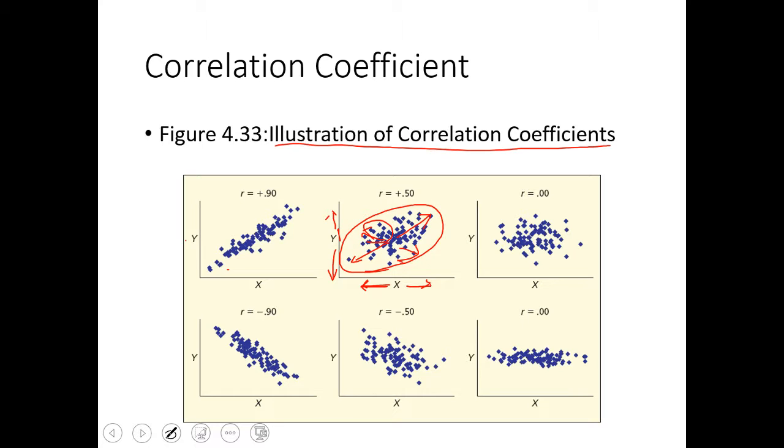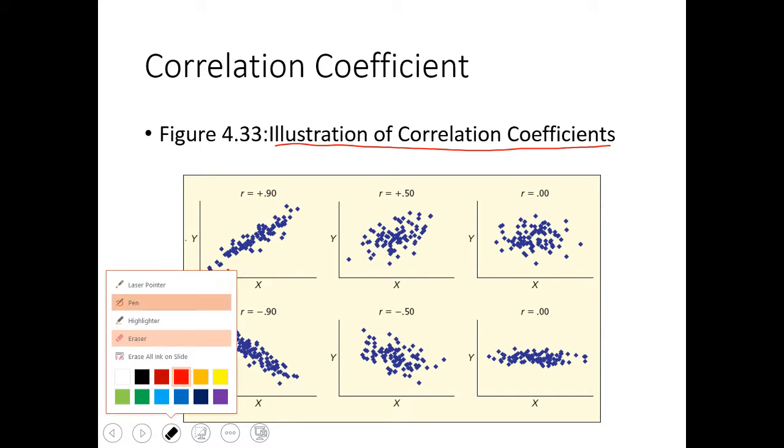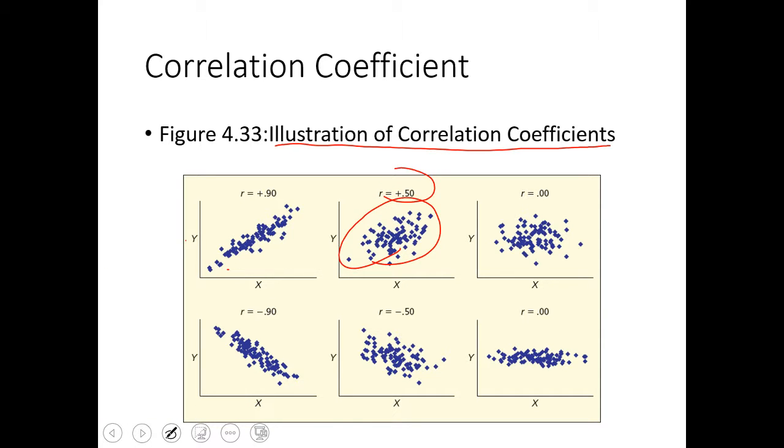So in this case, the correlation coefficient is positive but small, not close to 1, about 0.5. If the data has this shape, then the correlation coefficient is positive but not so high.